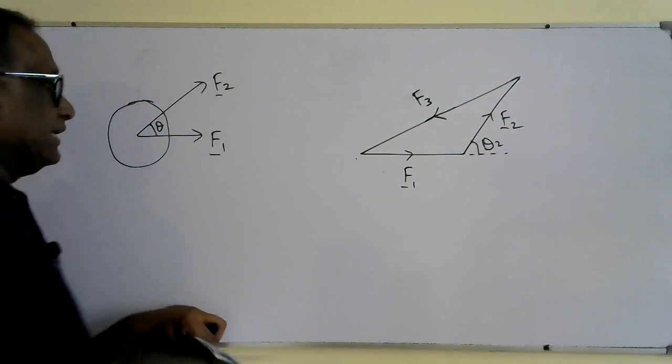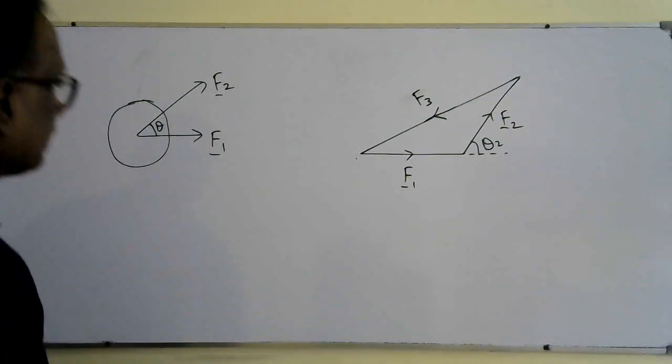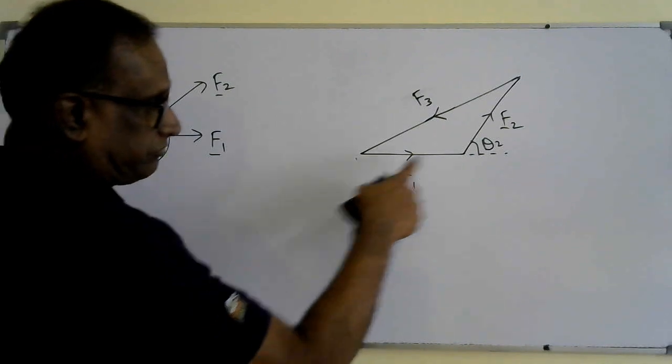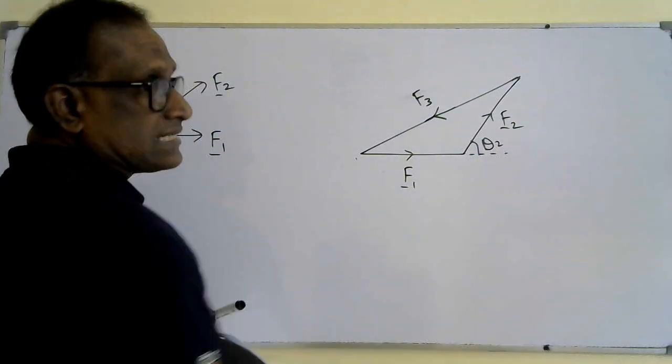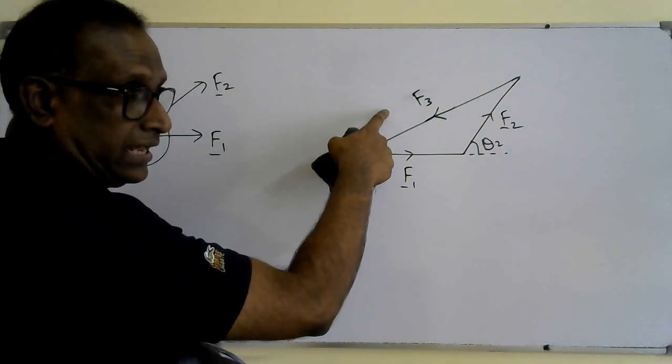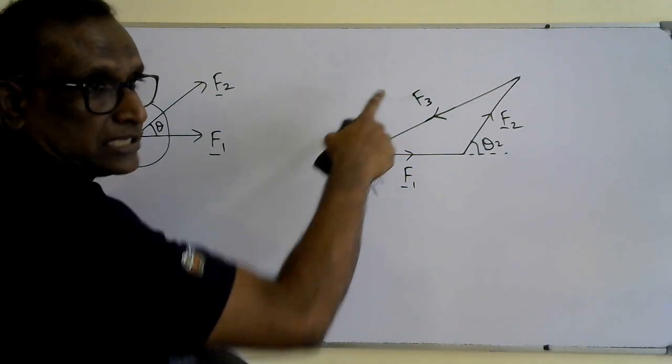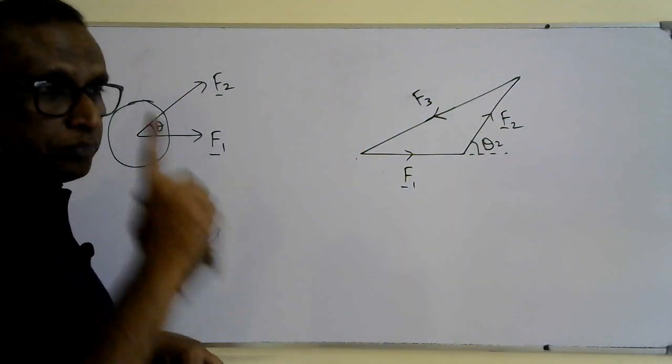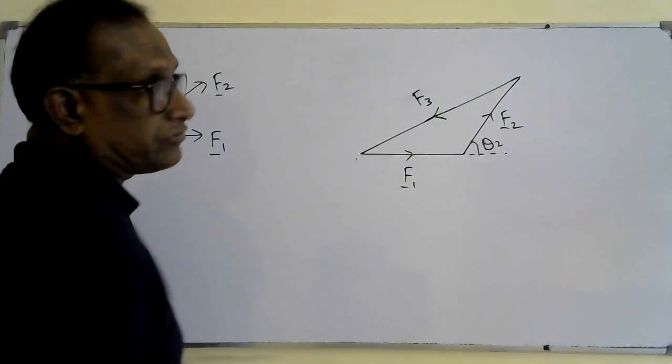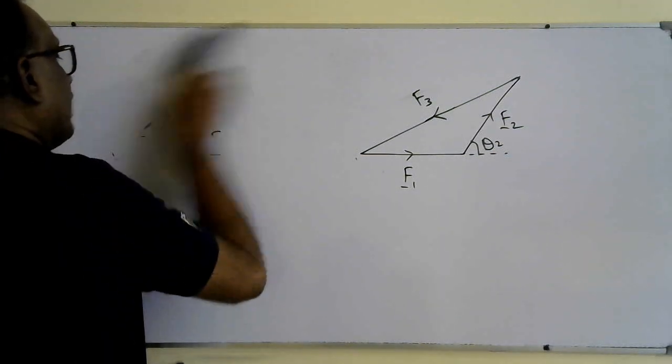So mathematically, we show this like this. The resultant of F1 and F2 should have the same magnitude as F3, but the direction of F3 must be, note down, opposite to the resultant of F1 and F2.